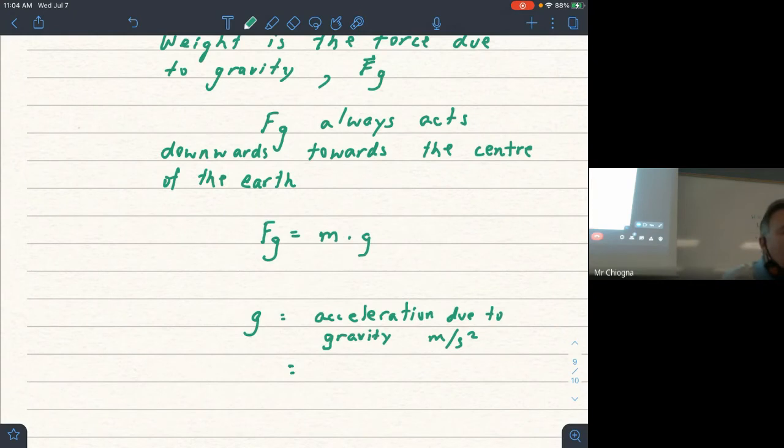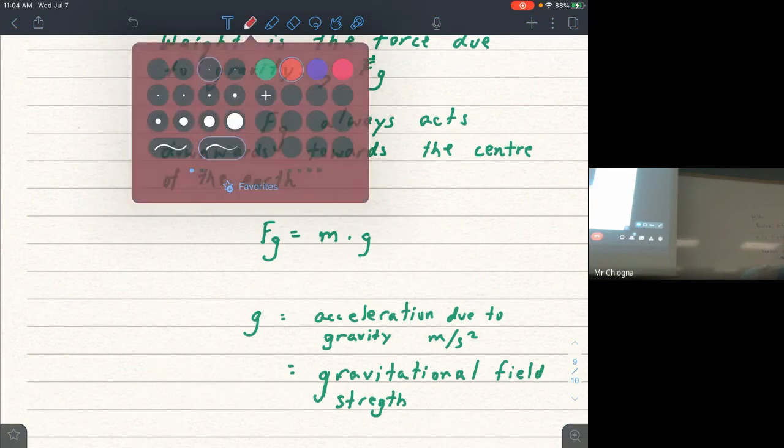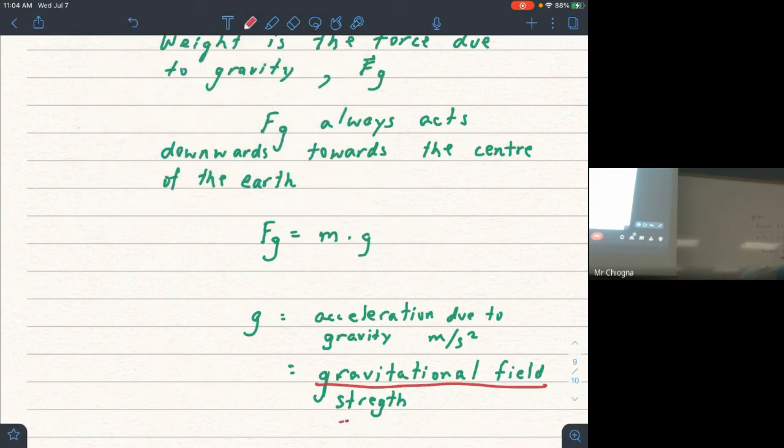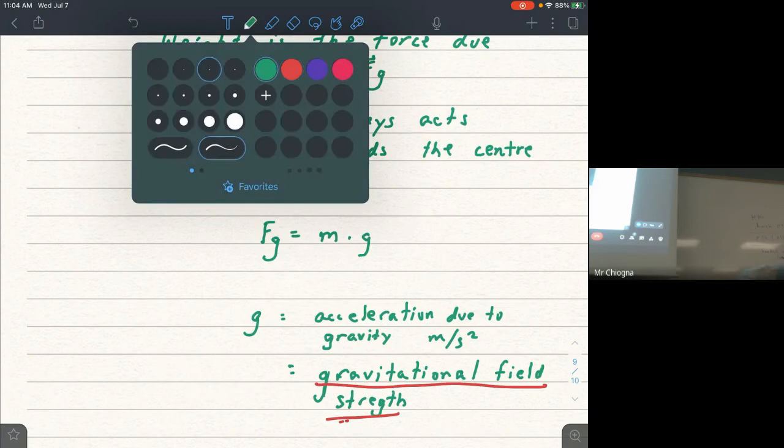It's also known by a different quantity. It's the same thing though, same value. It's also known as the gravitational field strength, calculated in the same way. When we refer to it as gravitational field strength, we use a different unit.